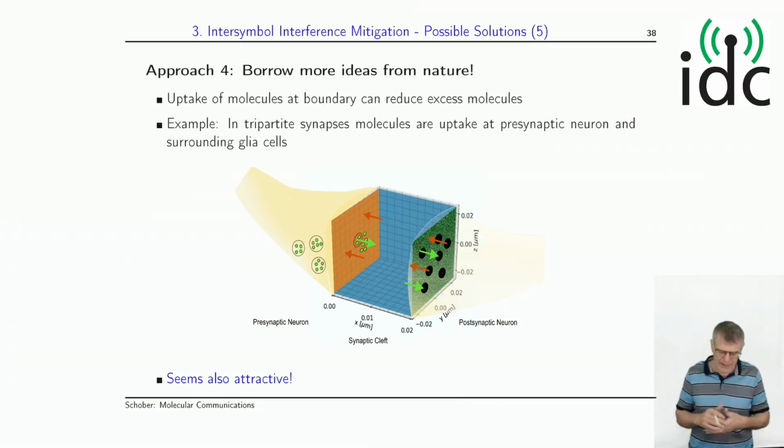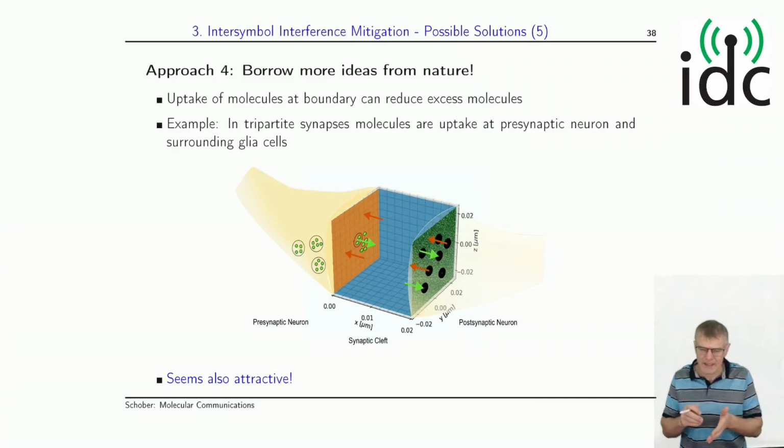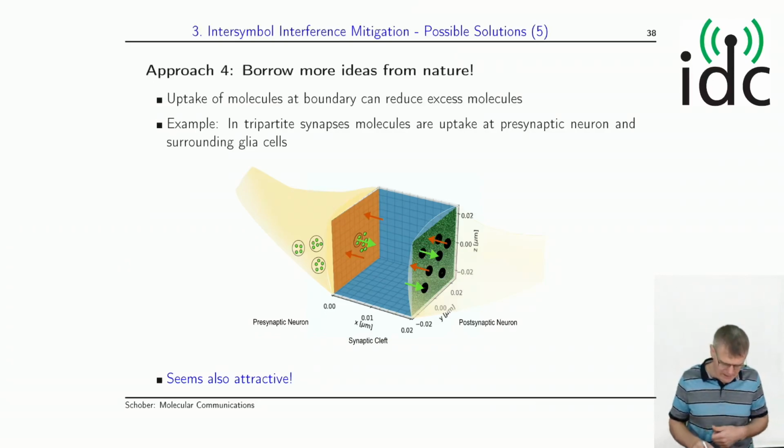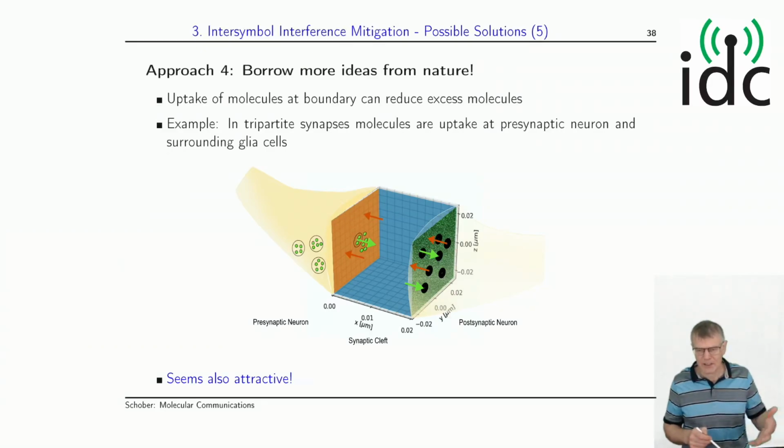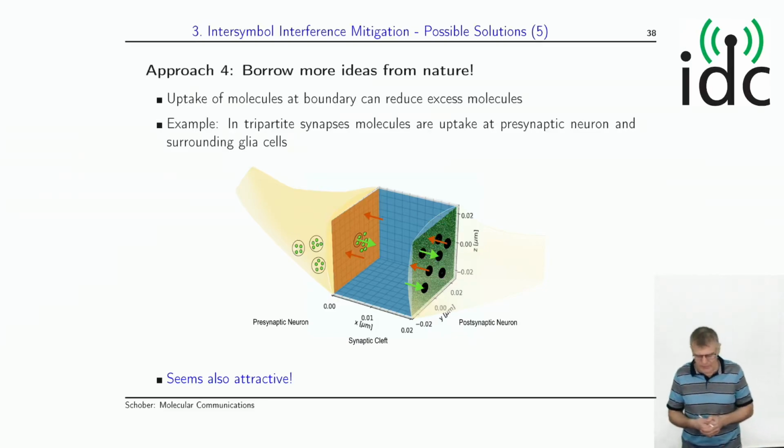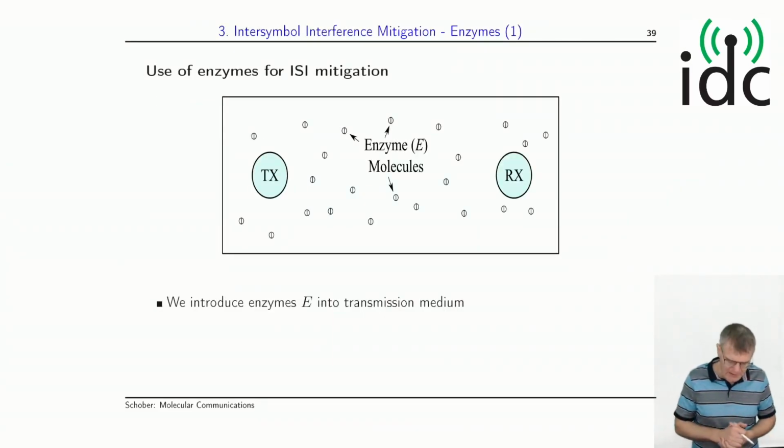So if a signaling molecule hits such a protein, then it will get absorbed either into the presynaptic neuron, where it might get recycled and used again later for transmission, or it gets absorbed by the glia cells, right? And this absorption of the signaling molecules also decreases intersymbol interference, as we will see a little bit later, because the molecules are simply removed from the environment. Okay, but let's first have a look at the enzymes.